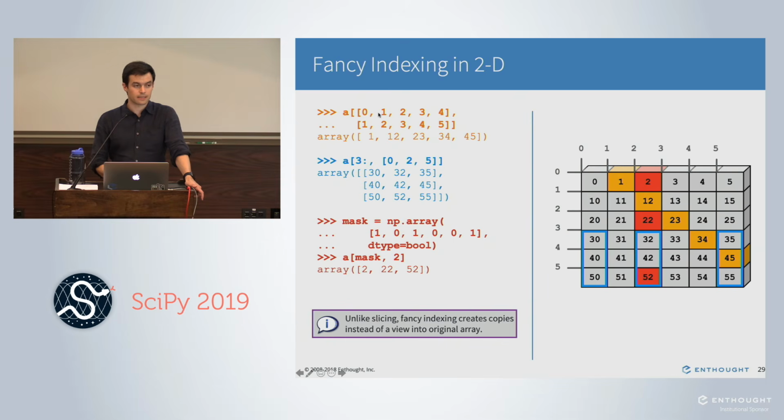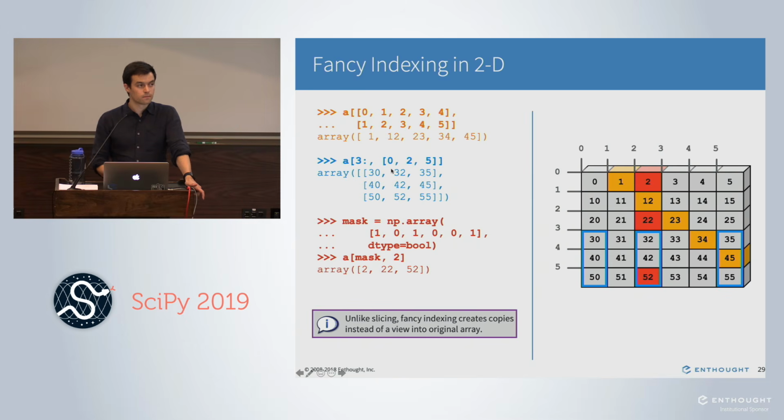We're selecting these yellow elements here by passing two lists of integers, and you can think of them as a list of coordinates. So 0, 1 is row 0, column 1 is the 1 here. 1, 2 is 12, 2, 3 is 23, 3, 4 is 34, 4, 5 is 45. Oh, look at that. Yes, 4, 5 is 45. So that's row 4, column 5. And they don't have to be on a diagonal, they can be anywhere in the array.